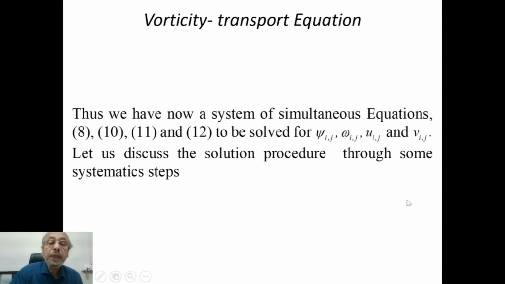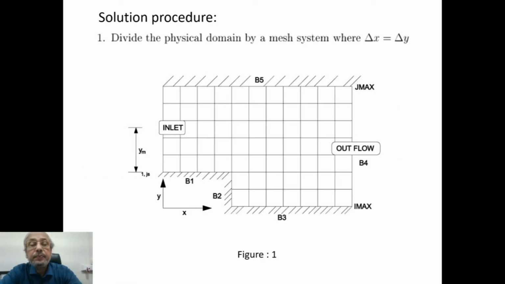So we now get a system of simultaneous equations, given by, as I've already said, 8, 10, 11 and 12, to be solved for psi ij, omega ij, uij and vij. So straight away we go to the solution strategy.